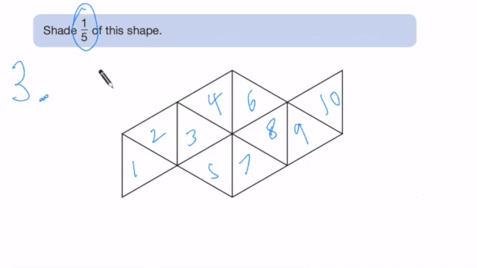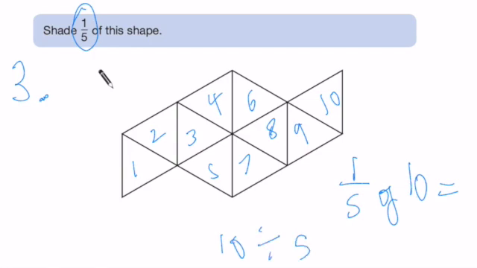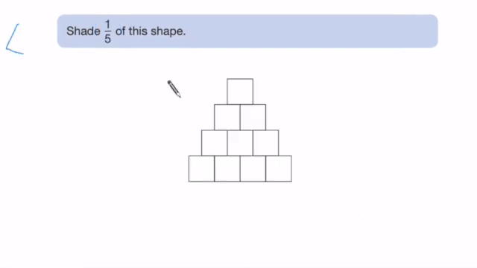There are 10 parts. So I need to find 1/5 of 10. Now, to find a fraction, you divide by the denominator. 10 divided by 5 is 2. So that means I would shade those 2 parts.